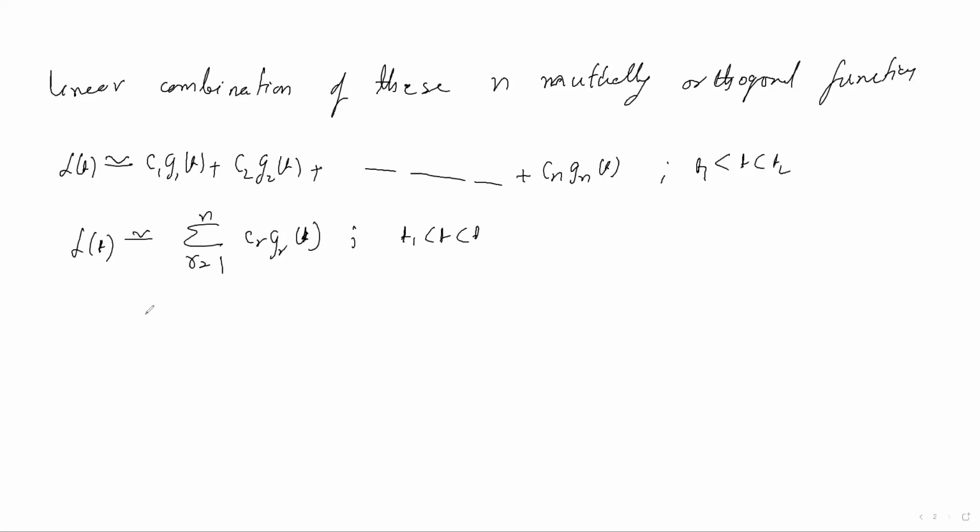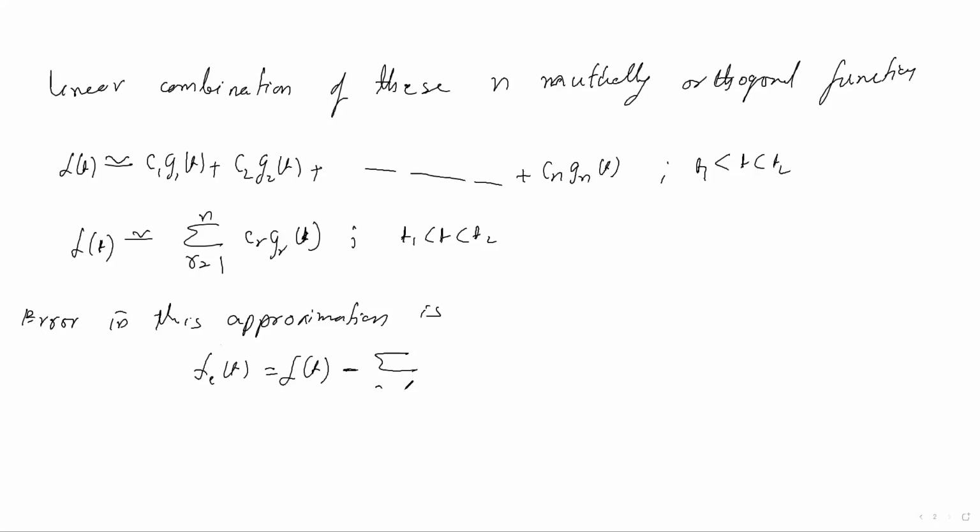So what will be the error? This is the third step. The error in this approximation, fe(t), can be found by subtracting these two terms: f(t) minus the summation over r equal to 1 to n of Cr Gr(t).